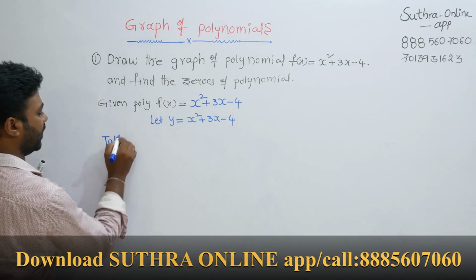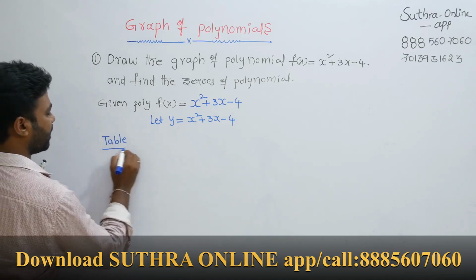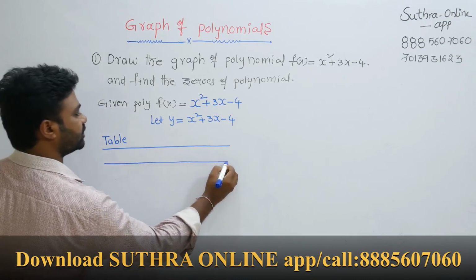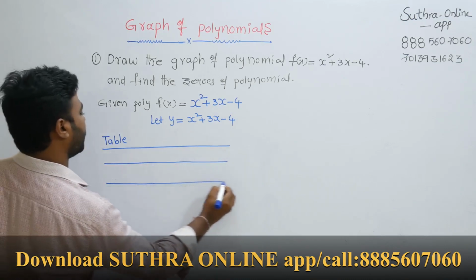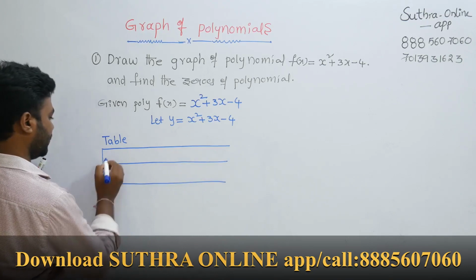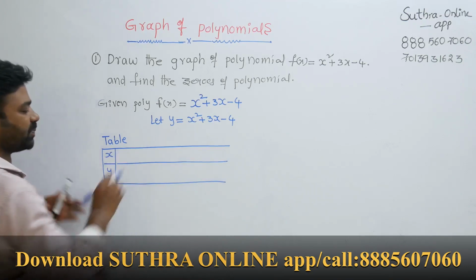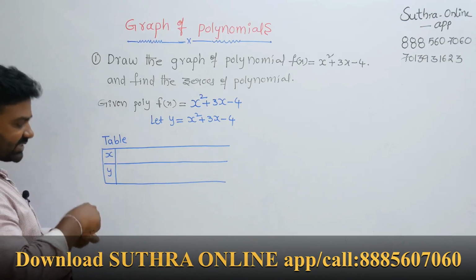First, the table. In this table, you draw a table like this. Here x, here y. Y means the polynomial x square plus 3x minus 4.